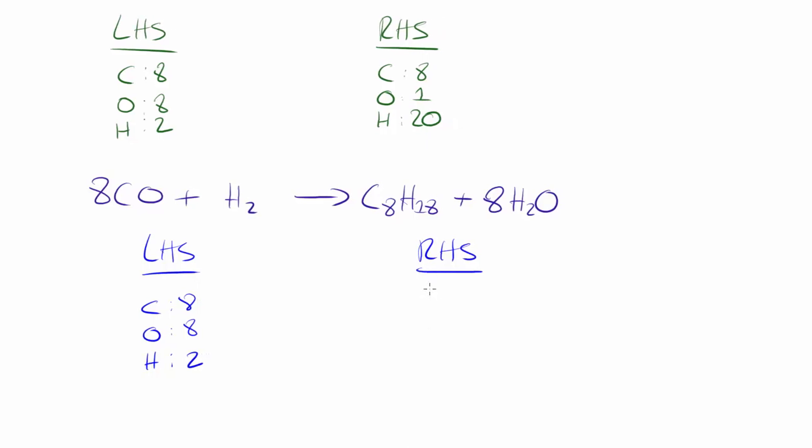So let's see what effect that is going to have. So C8, so that's just going to be the same, right? So 8 H. So in this case, 8. We're going to add, I have to do 18 plus effectively 8 times 2, which is going to be 18 plus 16, right?